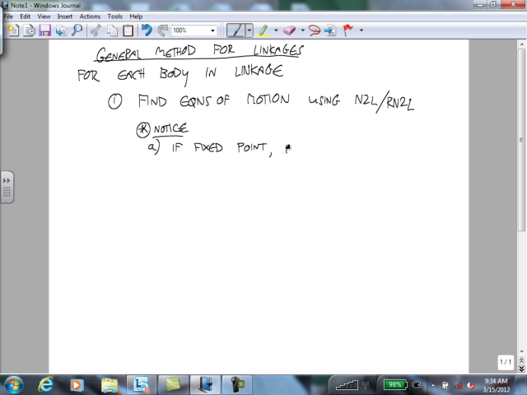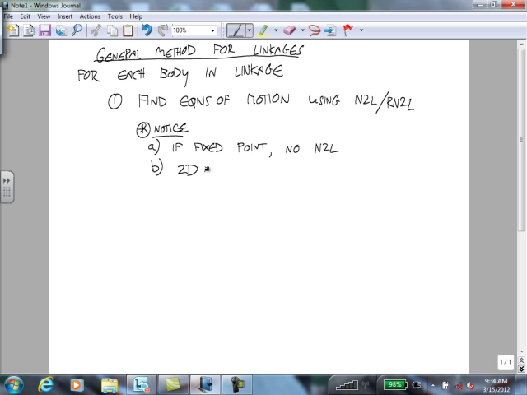And second, if you're doing 2D problems, which is going to be the vast majority of what we do, then how many equations do you get from Newton's second law and rotational Newton's second law? How many useful equations?